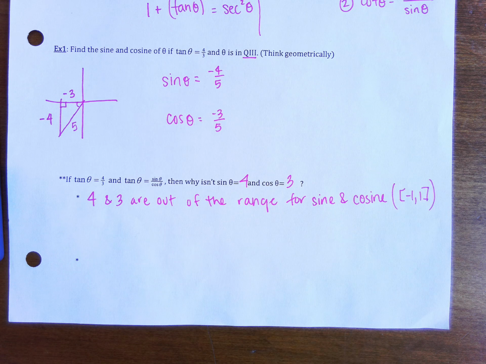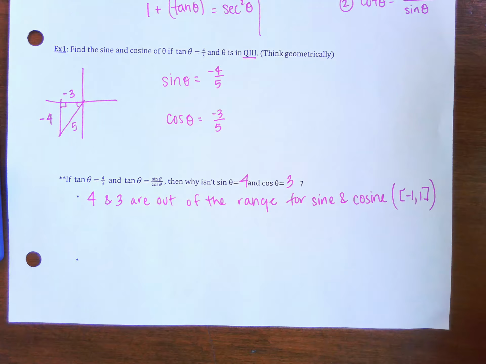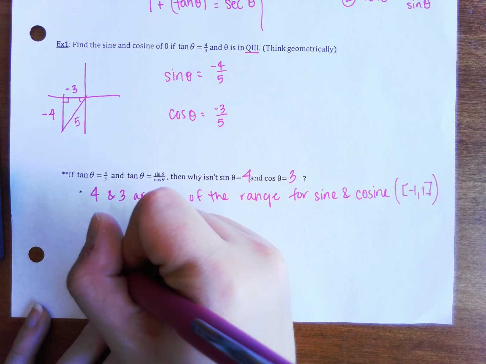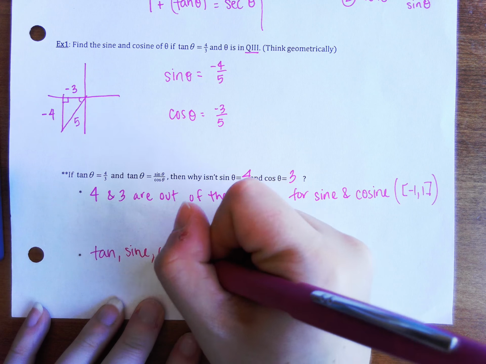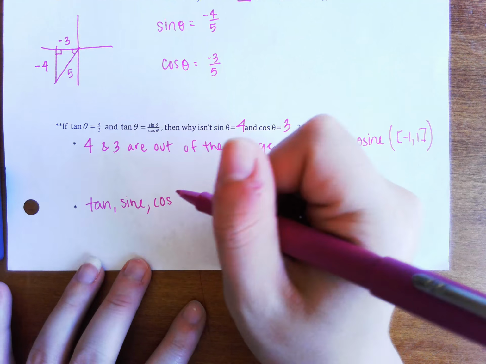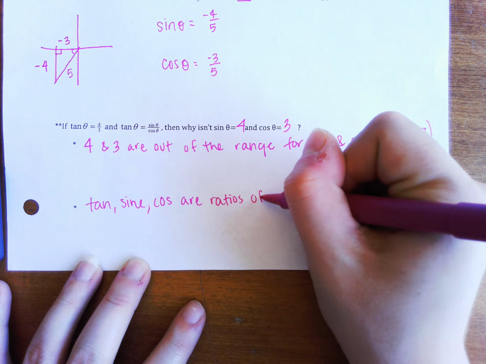But the other main reason why we can't just pick and choose how we do that and match those pieces is because tangent, sine, and cosine, as we know, are ratios of side lengths.